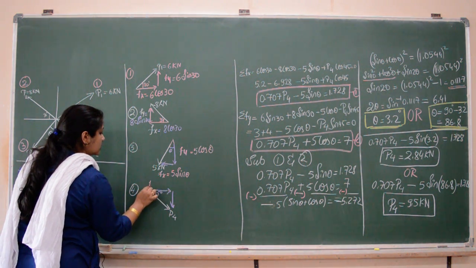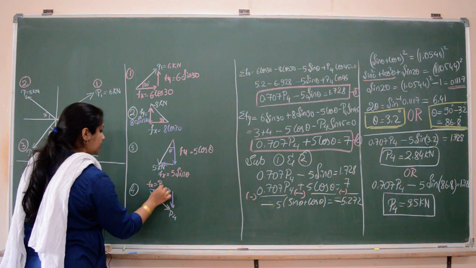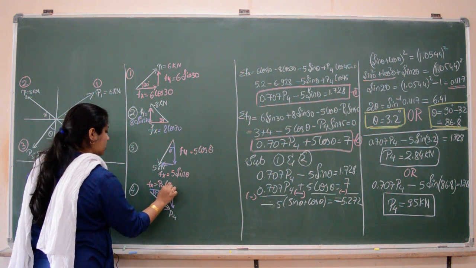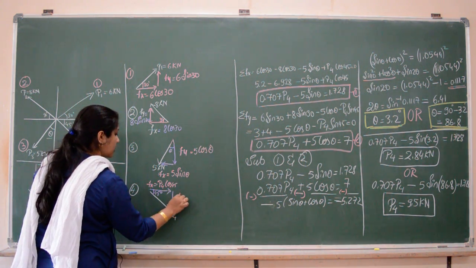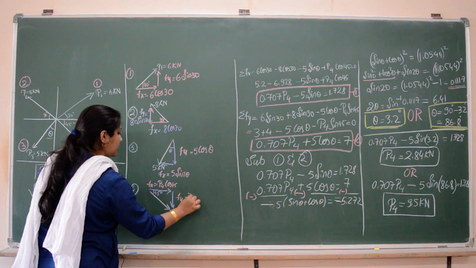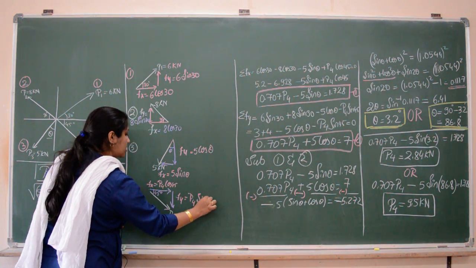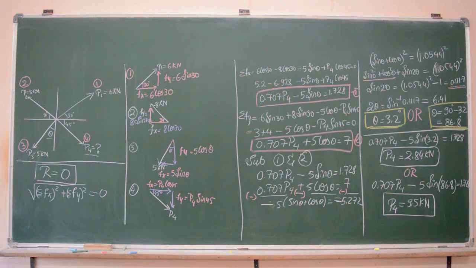Now this becomes Fx, P4 cos 45, and this becomes Fy, which is P4 sin 45. So students, now you can see we have resolved the given forces into components of forces.